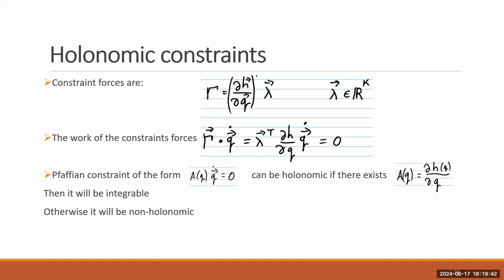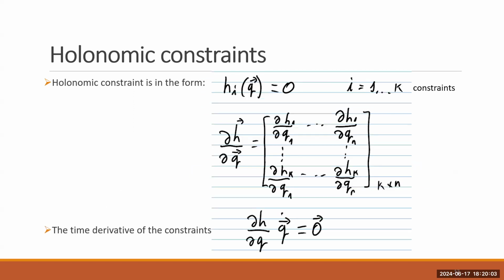If we have a Pfaffian constraint of the form A times q dot, A is some matrix, then for a constraint of the form h of q equals 0, A will be dh/dq.